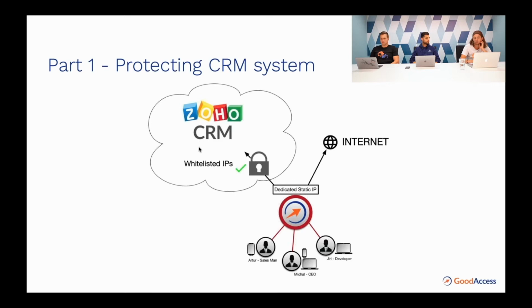And we want to have GoodAccess protect Zoho CRM just to hide it from the public internet and deny everyone else from public access. So we will use IP address whitelisting to allow access from this dedicated IP address, but the public access will be completely denied. So Artur, I believe you can start the stopwatch at the moment.